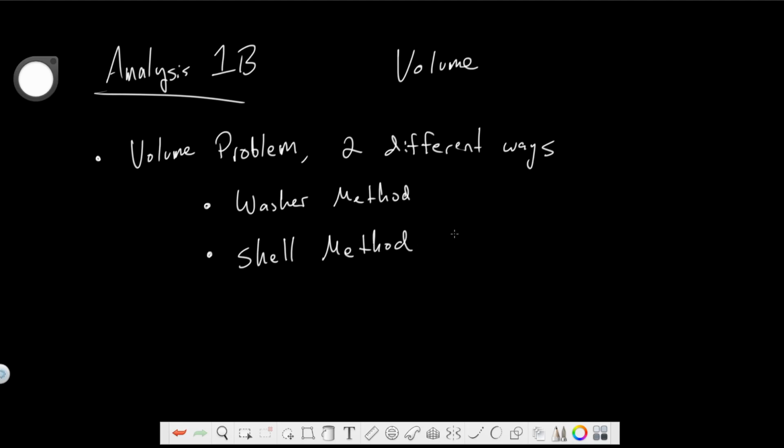I'm going to do my best to justify why these methods work for finding the volume of some sort of curve, some sort of an area that has been revolved around an axis.